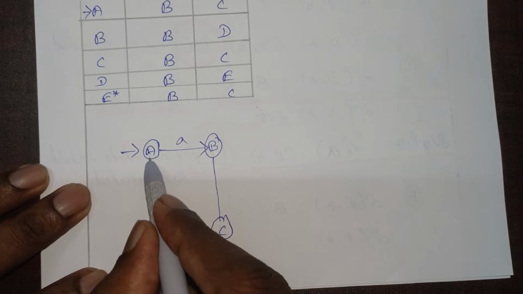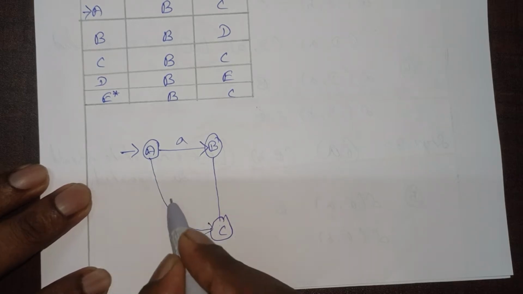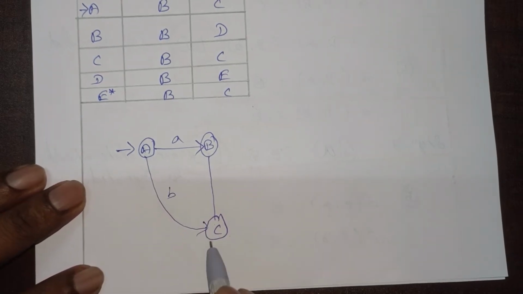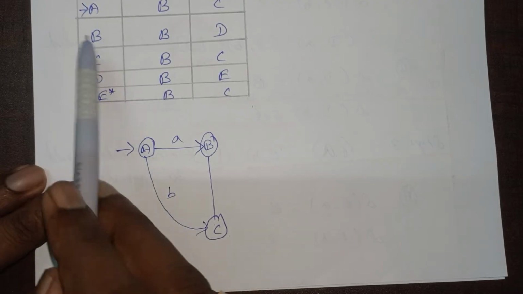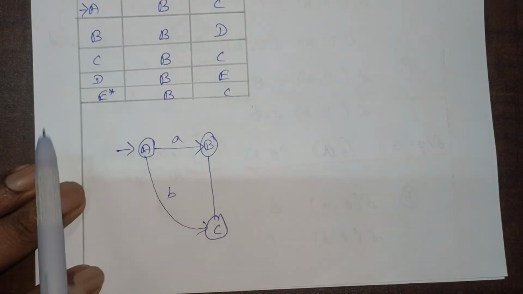So A is taking input small b and reaching the destination state C. Now the first part is over. A is the starting state.